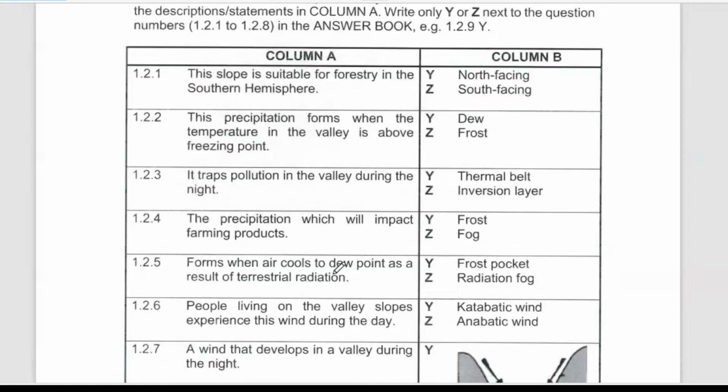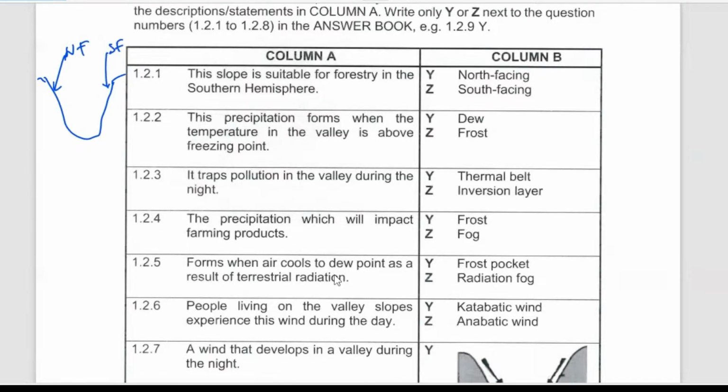Right, number 121, it says this slope is suitable for forestry in the southern hemisphere. When we're talking of slope aspect, remember the concept of slope aspect, we are looking at the orientation of slopes. If this is a southern hemisphere slope, we are saying this side is our north-facing slope and this side is our south-facing slope.